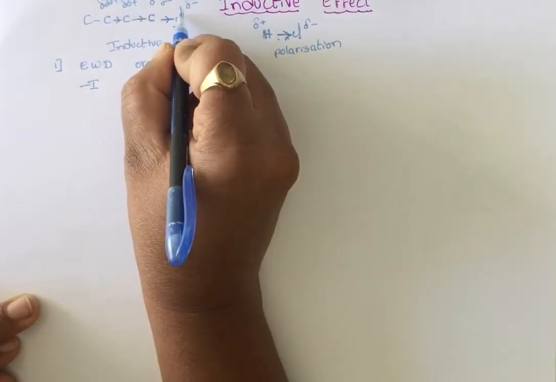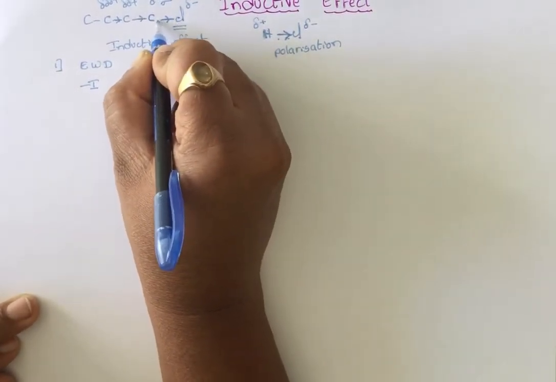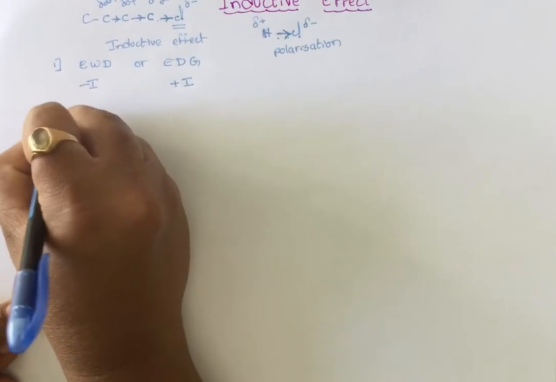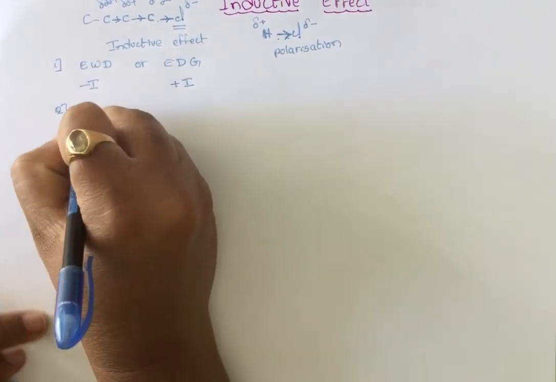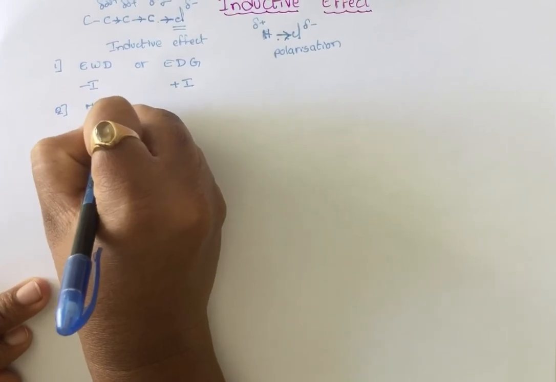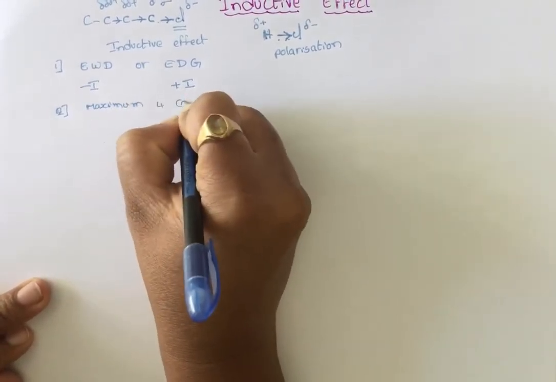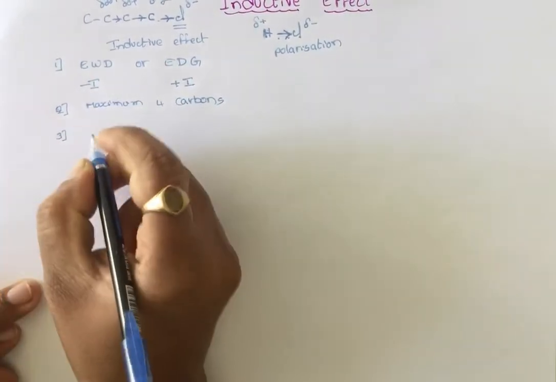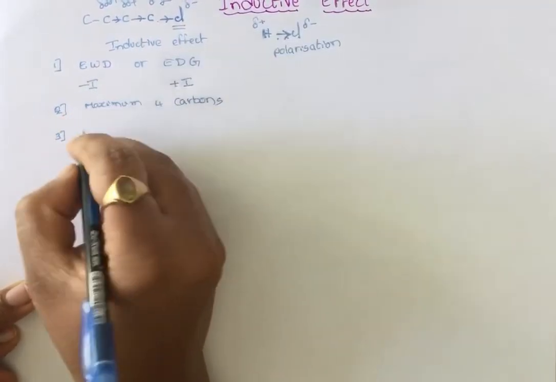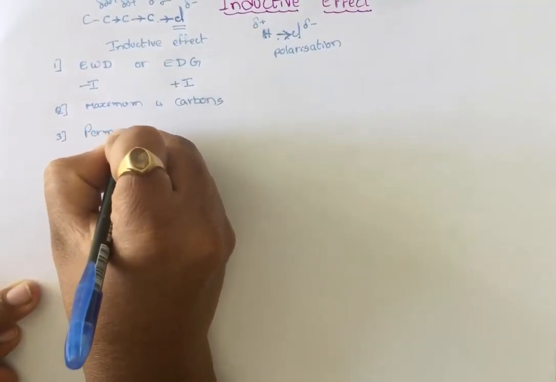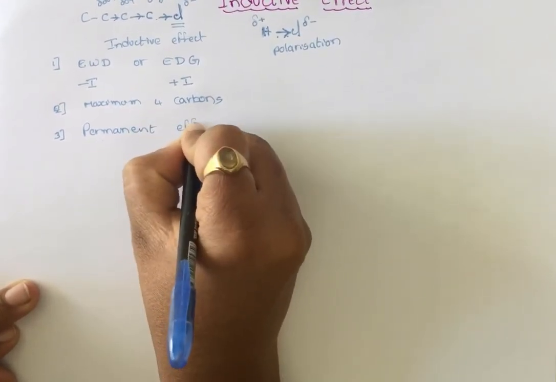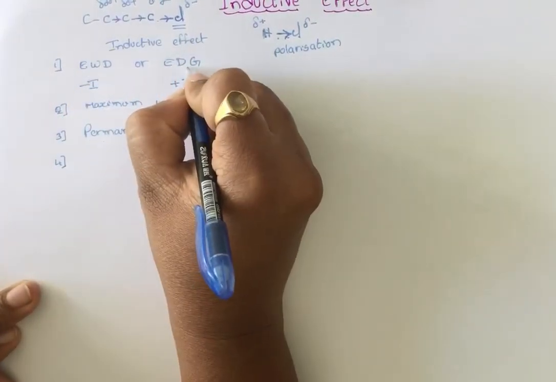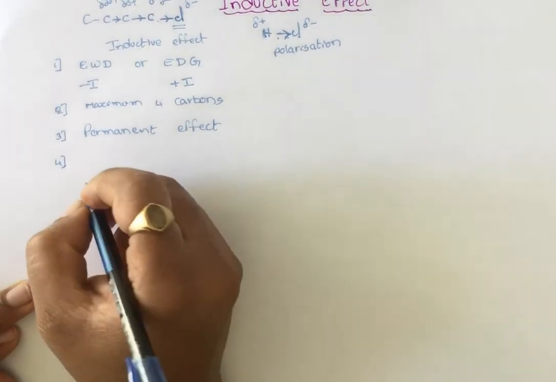So this is an example for minus I effect, because here chlorine is withdrawing the electron, shifting the bonded pair of electrons towards itself, and it will continue along the chain. You can find it up to a maximum of 4 carbons. After that, this effect is negligible. So the inductive effect is a permanent effect that we find in molecules, and it is due to the electron withdrawing or electron donating group, not because of the reagents or other reactants.